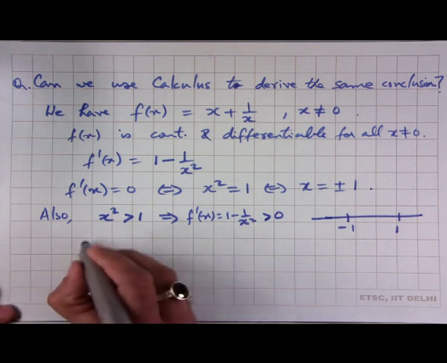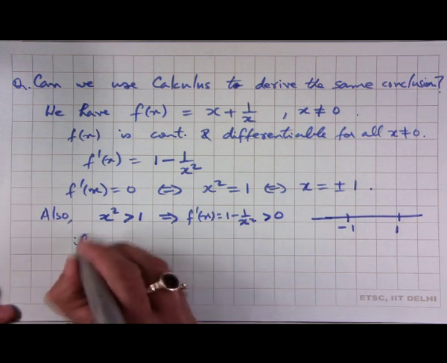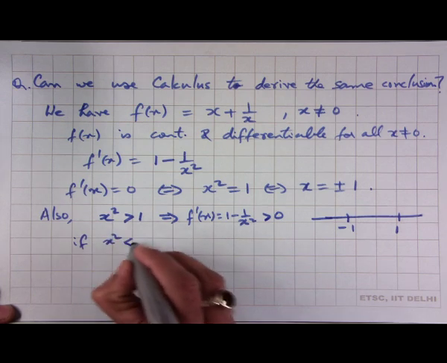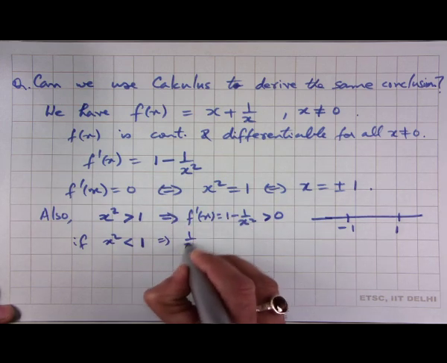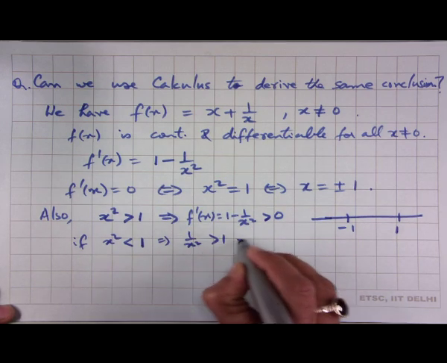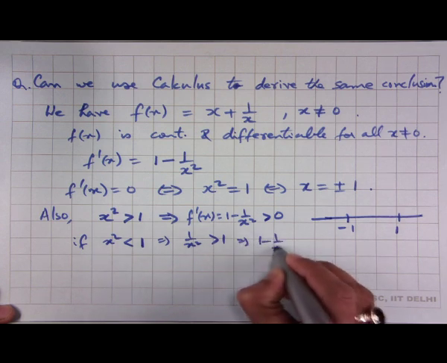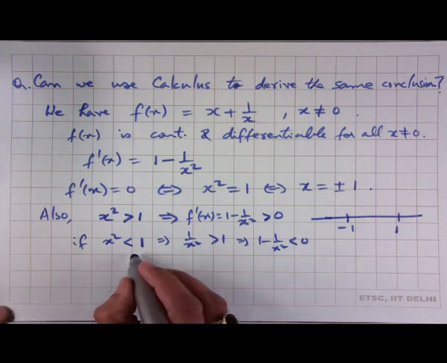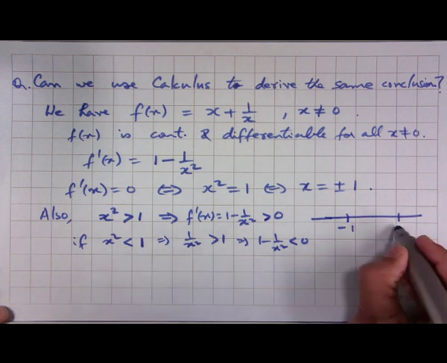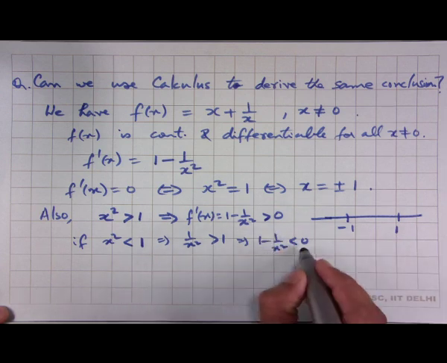And if x square is less than 1, then 1 by x square is greater than 1, which implies 1 minus 1 by x square is less than 0. Now, x square is less than 1 means x is between minus 1 and 1. So, in this interval the derivative is negative.